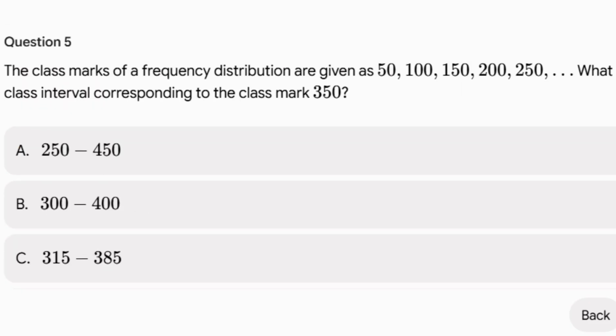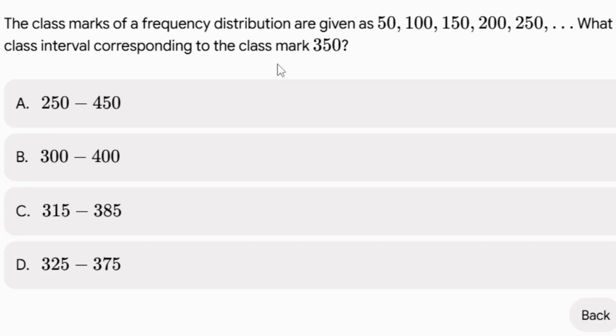Next sum. The class marks of a frequency distribution are given as 50, 100, 150, 200, 250 and so on. What is the class interval corresponding to the class mark 350? They asked which class interval has class mark 350.